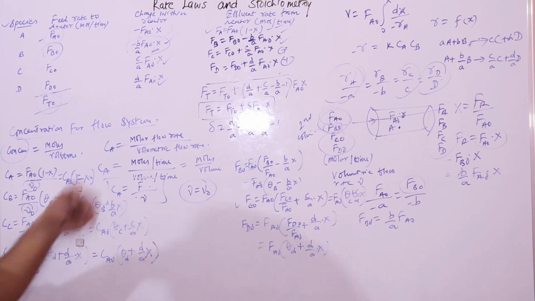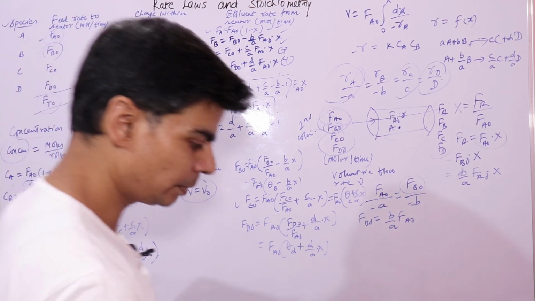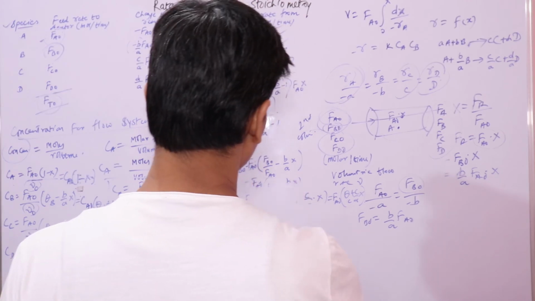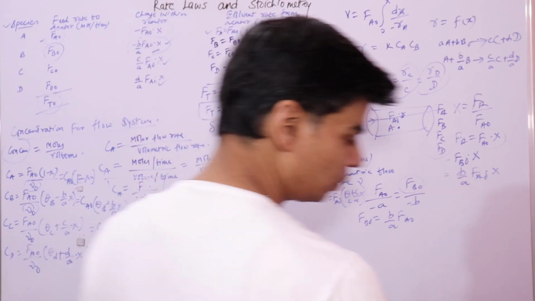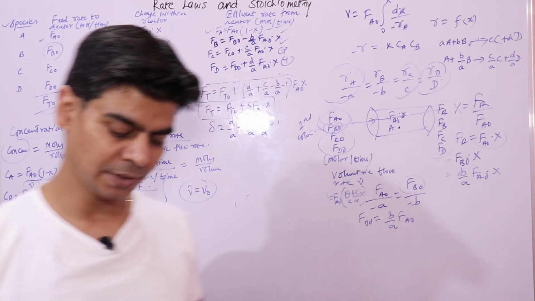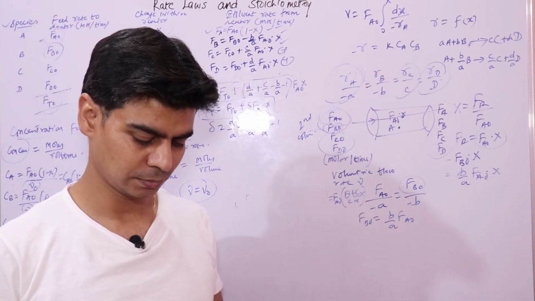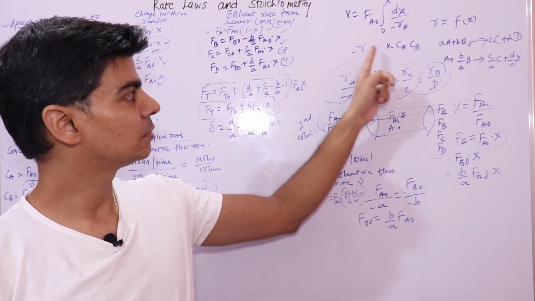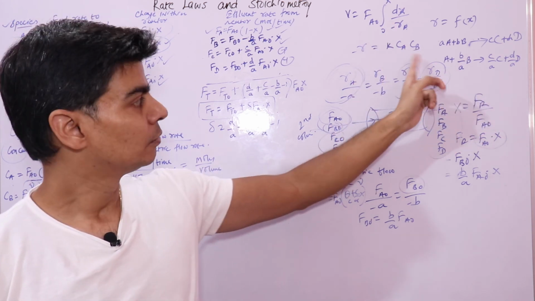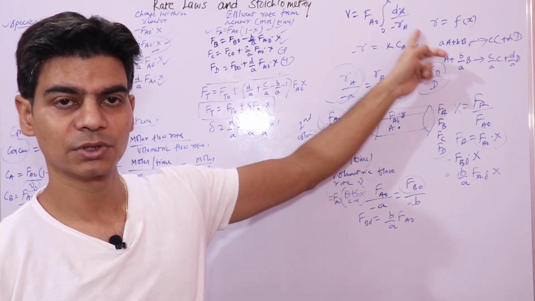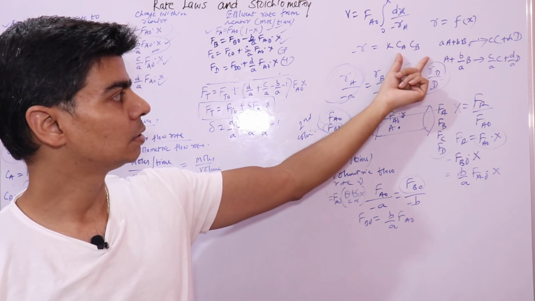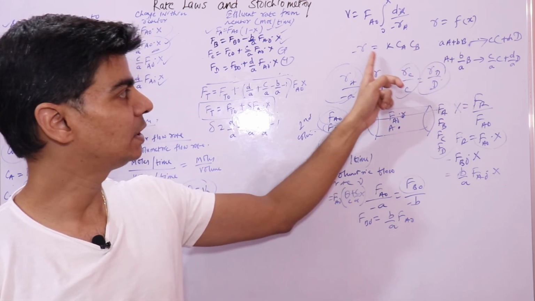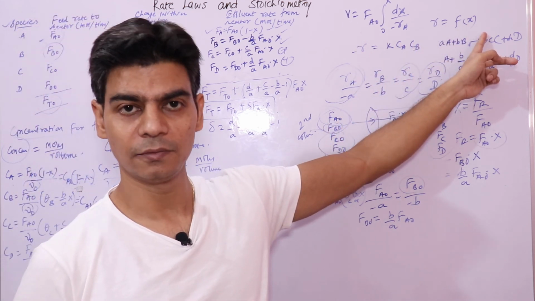Now if you look back to the rate law, since the rate law is in terms of concentration, we have to define concentration in terms of conversion. Once we get concentration in terms of conversion, we'll substitute it in the rate law, so what you get is rate as a function of conversion.